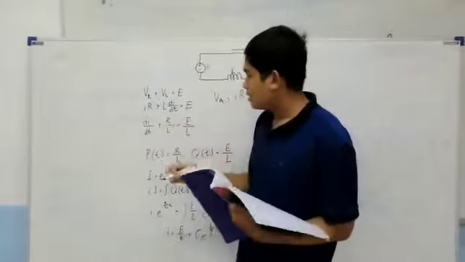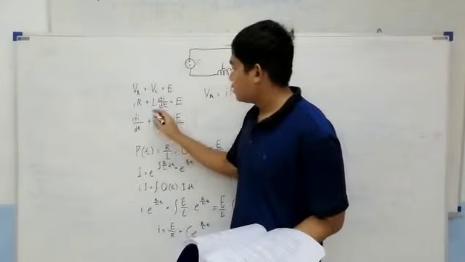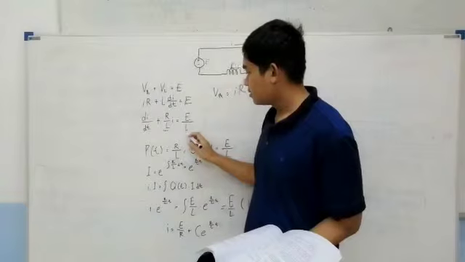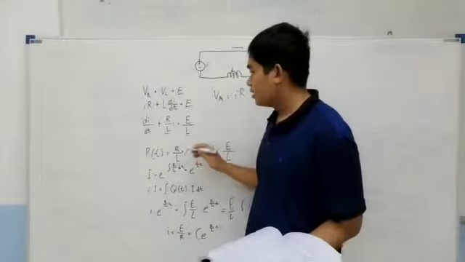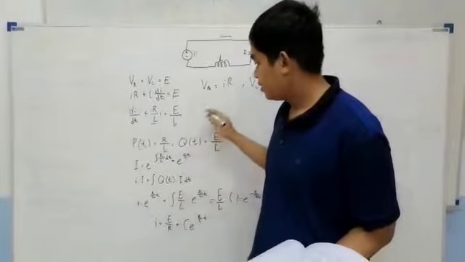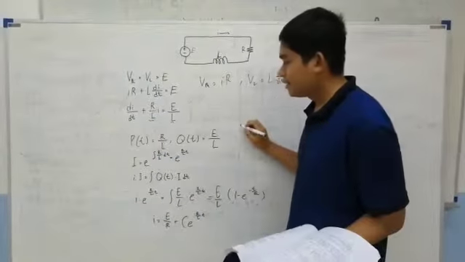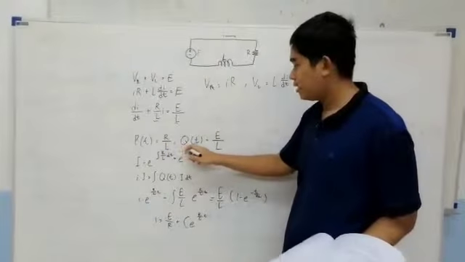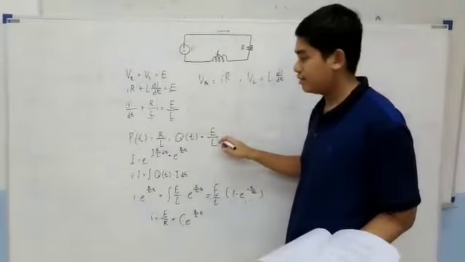And then we divide all of this by L, and it will give us the linear equation, with P(t) equal to R over L and Q(t) equal to E over L.